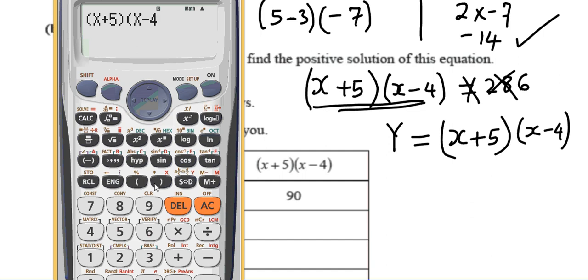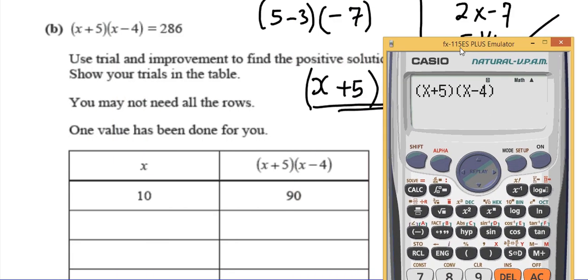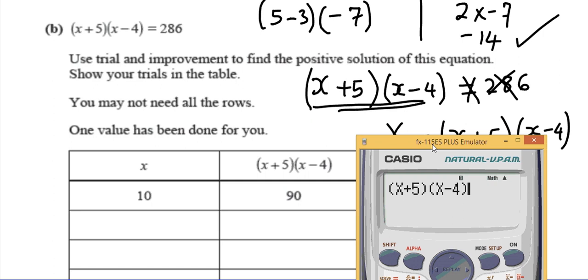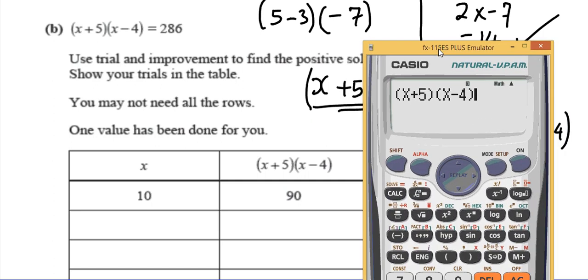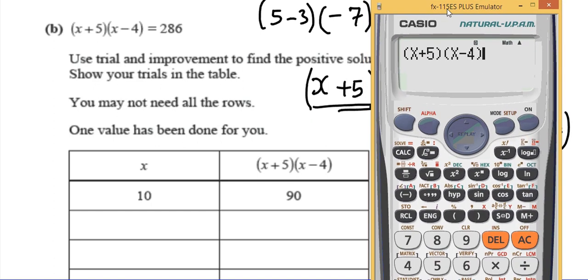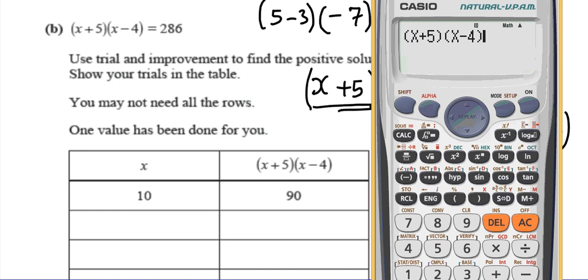Right. Let us check (x + 5)(x - 4). This is our function. It has been saved in our calculator. So now let us calculate the trials, and the answer should be equal to 286.